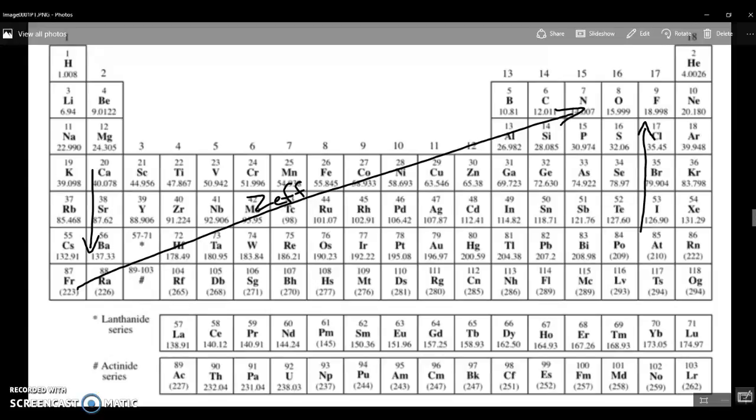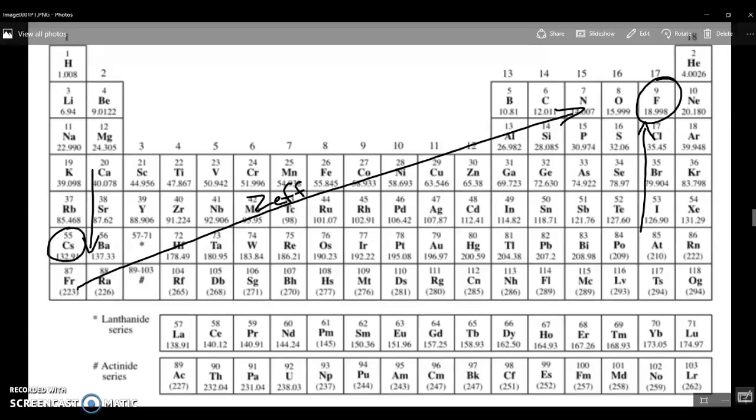This is showing us that an element like fluorine is going to have a very high nuclear charge, which means the nucleus has more power. An element down here, like cesium, has very low nuclear charge. It has less power. And power refers to the balance between the valence shell electrons and the strong forces in the nucleus. The nucleus is winning over here in fluorine. Cesium down here, not so much.